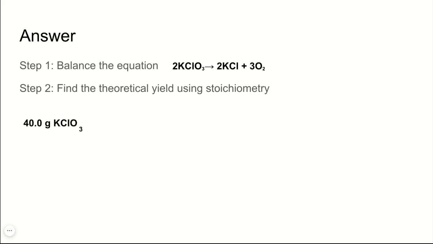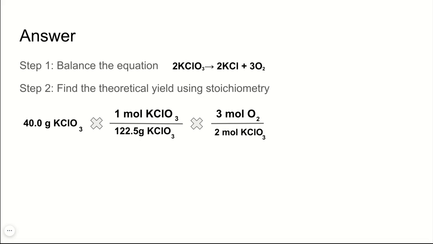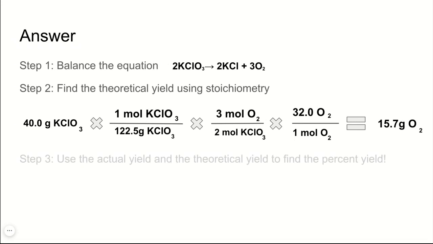So you would take 40 grams of potassium chlorate and multiply it by 1 mole of potassium chlorate over 112.5 grams of potassium chlorate, then you multiply that by 3 moles of oxygen gas over 2 moles of potassium chlorate, and multiply that by 32 grams of oxygen gas over 1 mole of oxygen gas, which is equal to 15.7 grams of oxygen gas. So that's your theoretical yield.